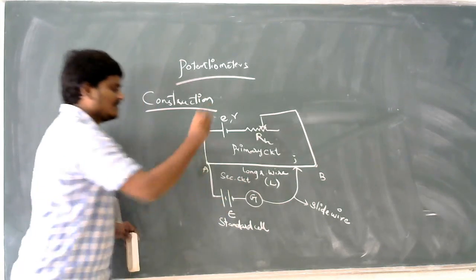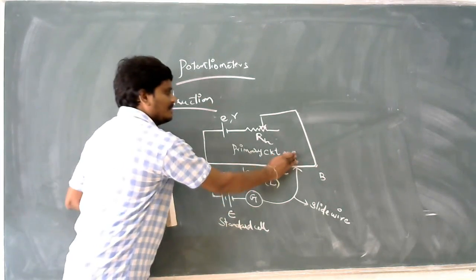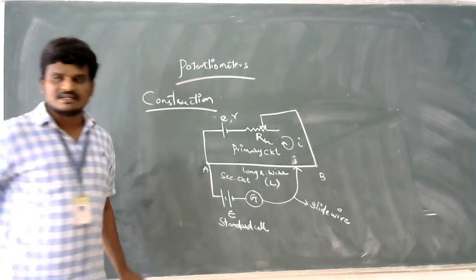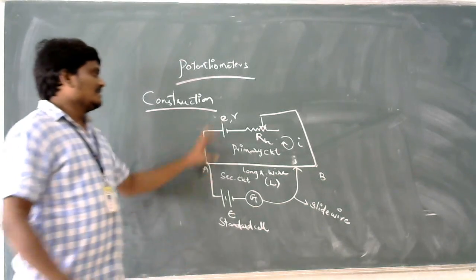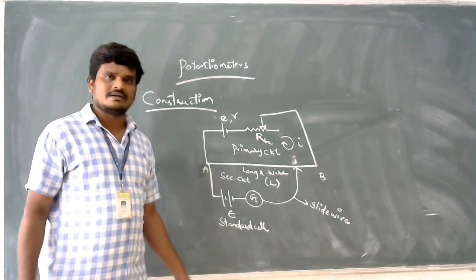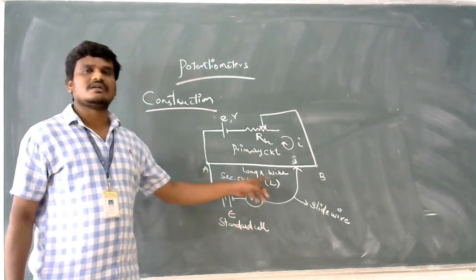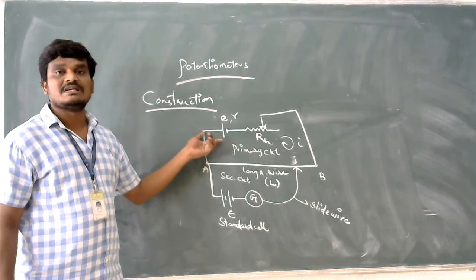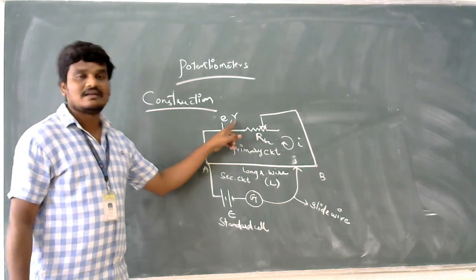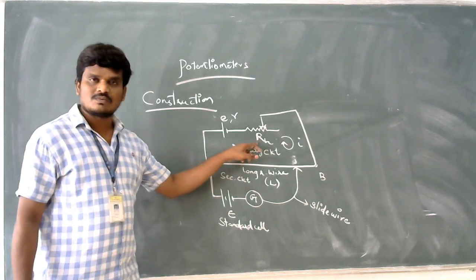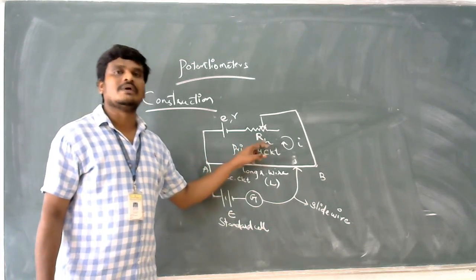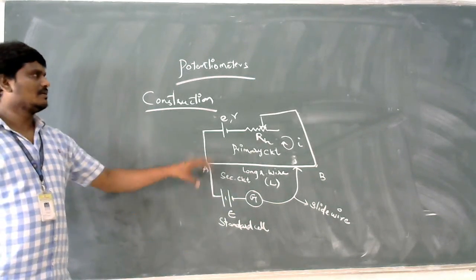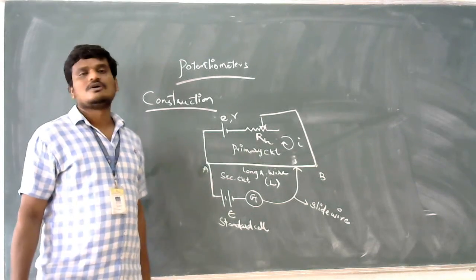Let the current flowing in the primary circuit be I. This is the construction of a potentiometer: a long resistive wire of length L, a battery whose EMF is to be measured with an internal resistance R, a rheostat, that is a variable resistance, along with a standard cell and a galvanometer.